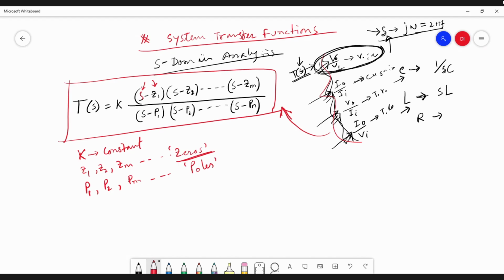The transfer function can diverge or it can be infinite. Okay. So basically, this is the general form of the system transfer function in S domain.